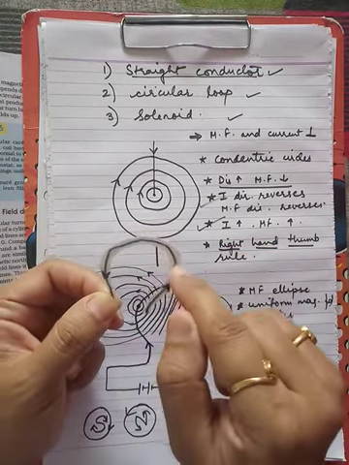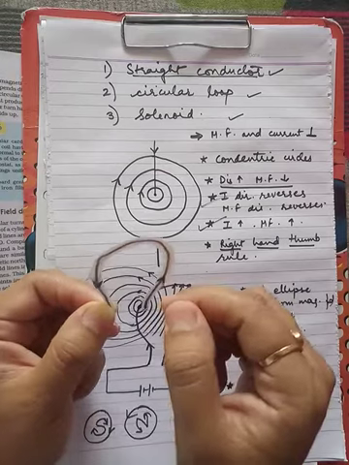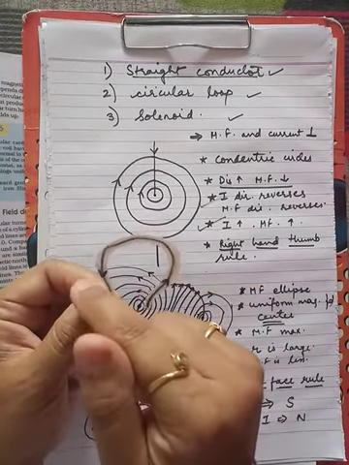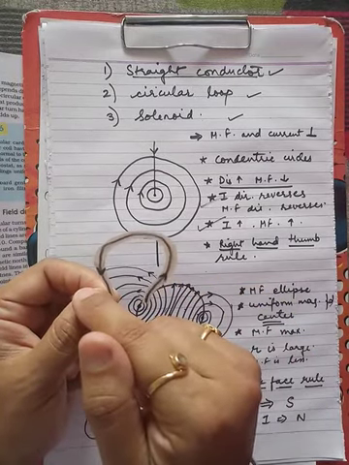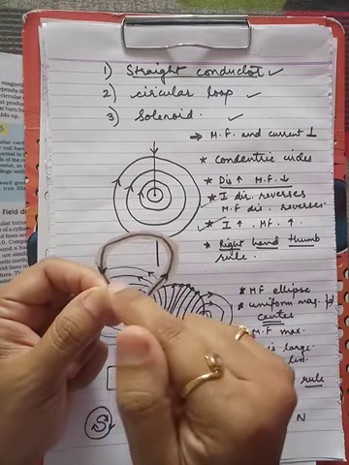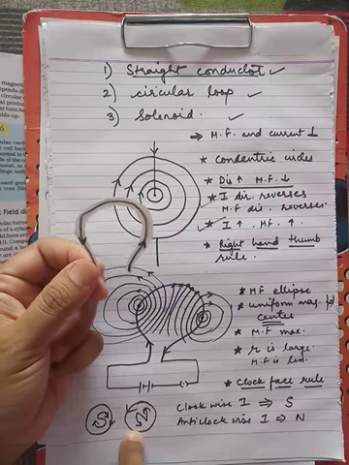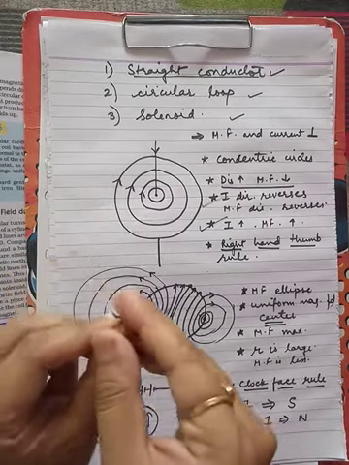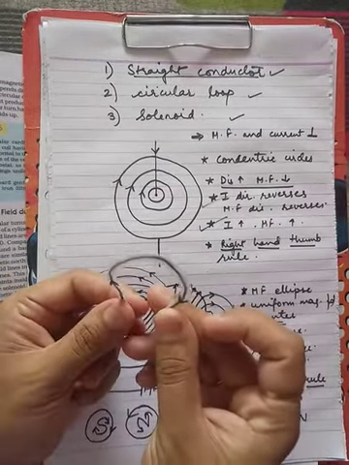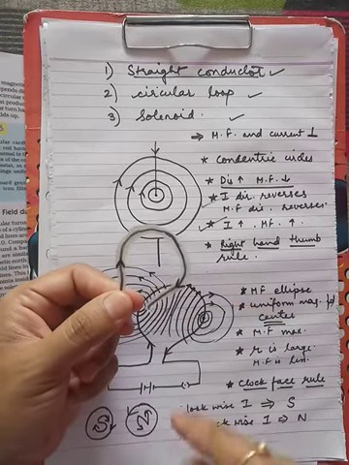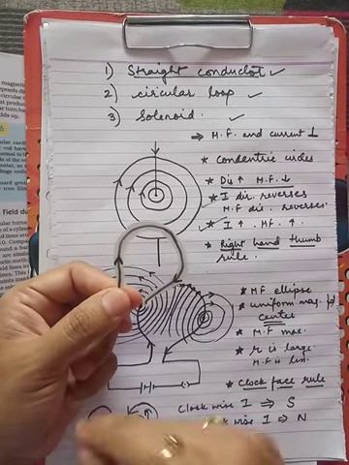In this case the current was flowing like this, so it is anti-clockwise direction of the current. For anti-clockwise direction of current, we can say it will make a north pole over here, and for clockwise direction of current, it will make a south pole on this side.